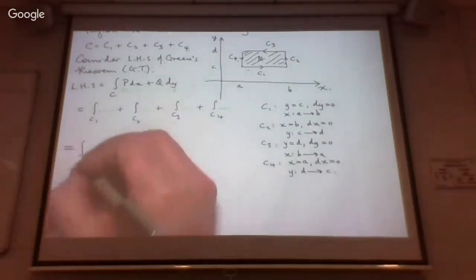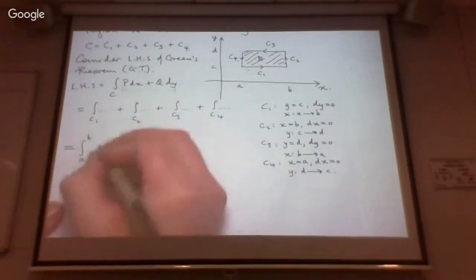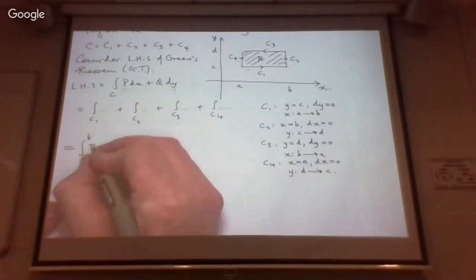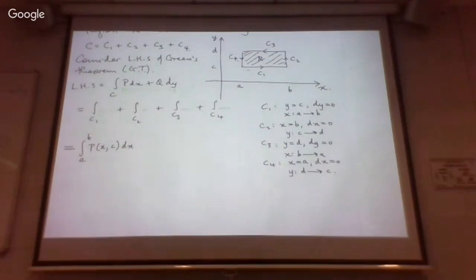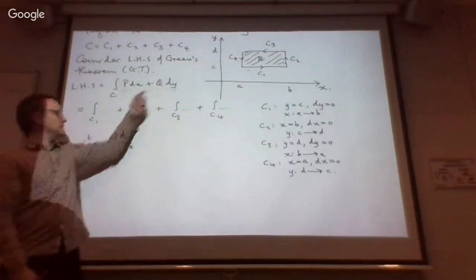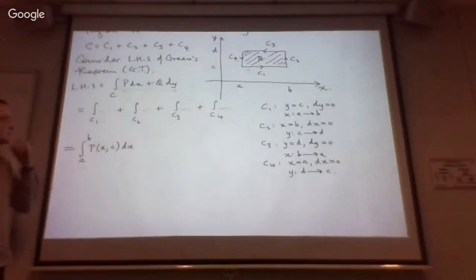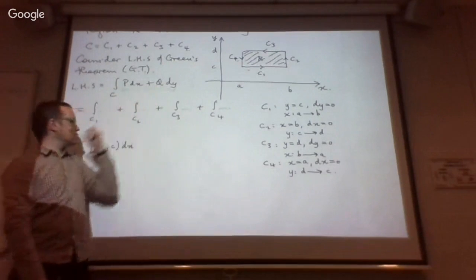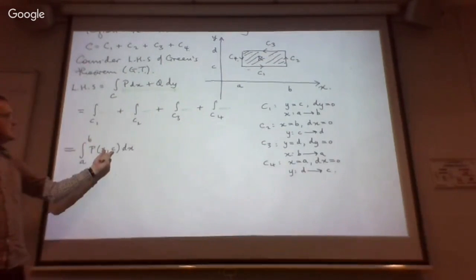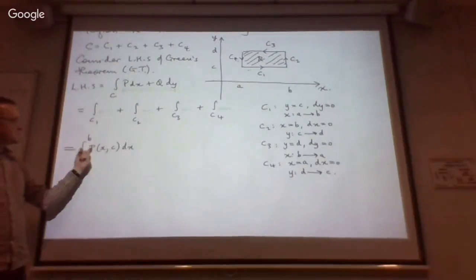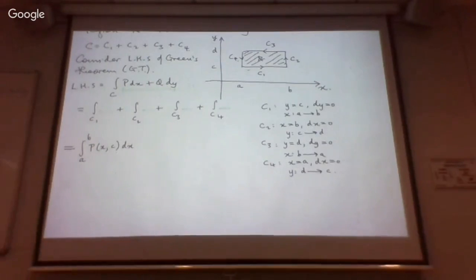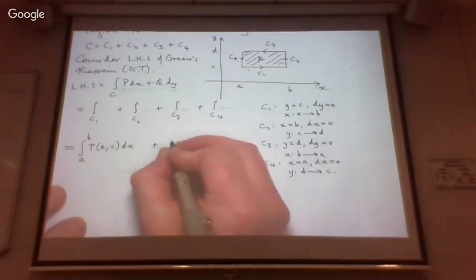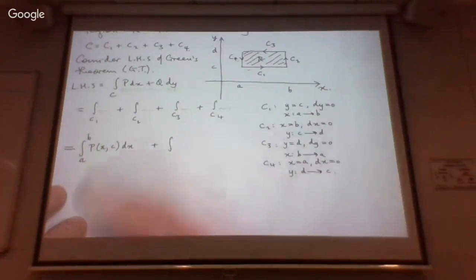So on C1, we're just integrating p of x, c dx. Agreed? There's no q dy bit appearing here, because dy is 0. y is fixed at c, and we're integrating this function p of x and the constant c from a to b.